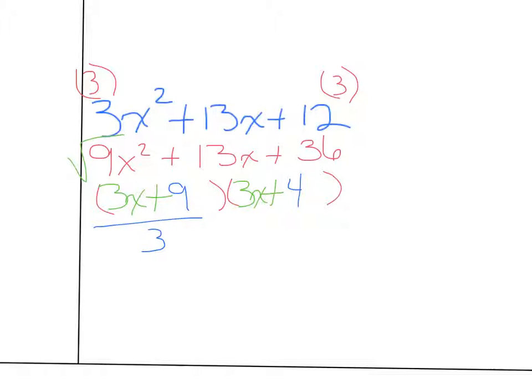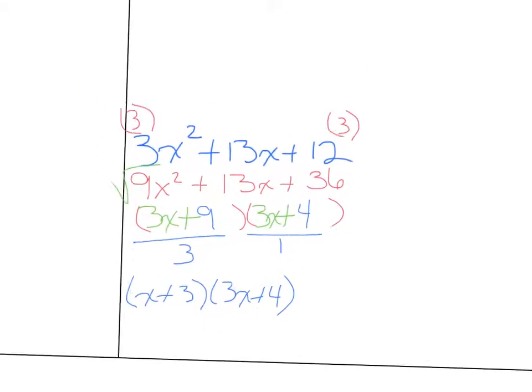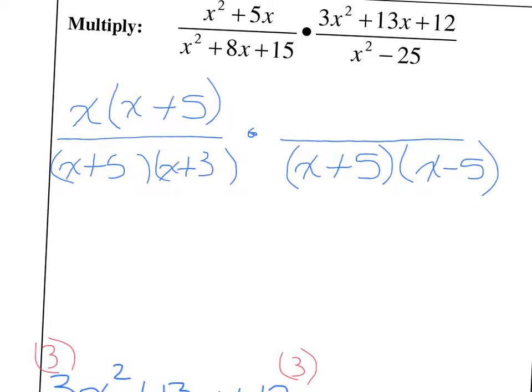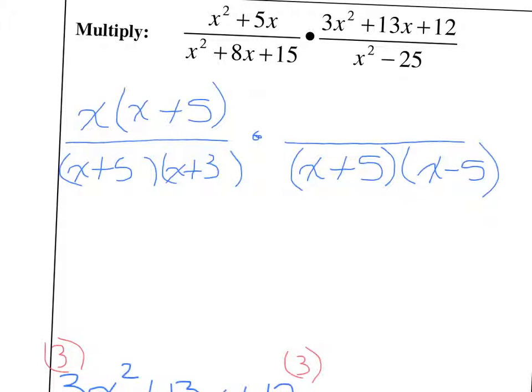And then you divide by the GCF of each binomial. And that will leave you with x plus 3, 3x plus 4. Let's zoom that into our rational expression here. X plus 3, 3x plus 4.